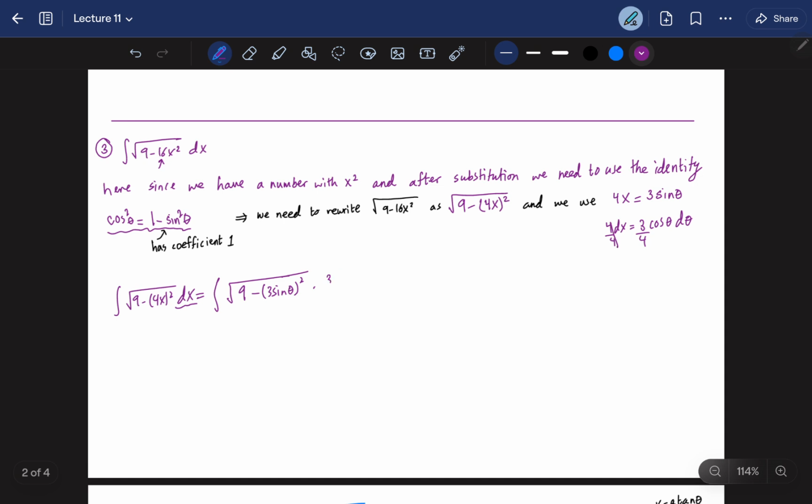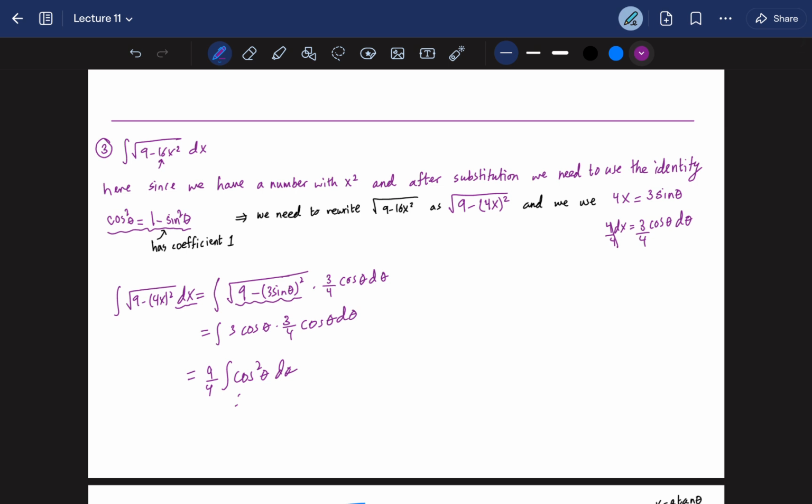So dx is just 3 over 4 cosine of theta d theta. And now this whole thing would turn into 3 cosine, and we're going to have 9 over 4, the integral of cosine squared theta d theta. And you can do the same exact step as question number 1.